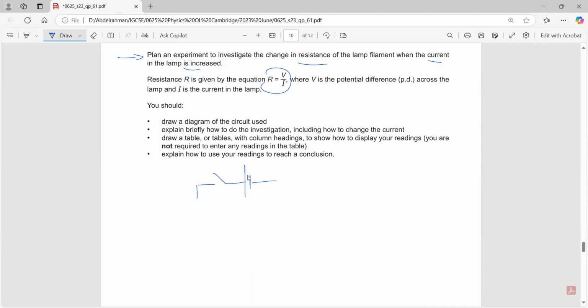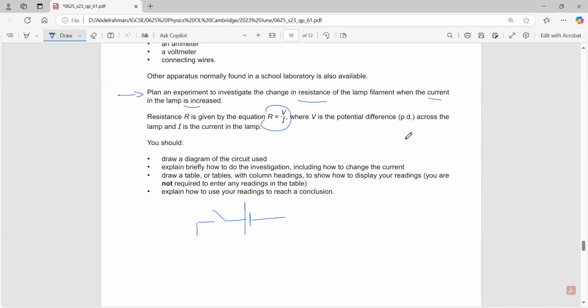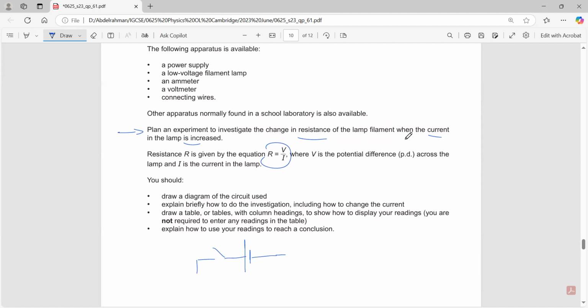There is one apparatus that is very important that you need to add to this diagram. We'll have the lamp, definitely wire, but there is a really important apparatus that you have to draw, which is a variable resistor. Yes, thank you.